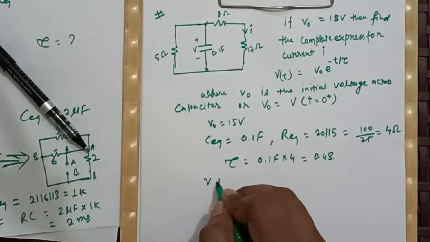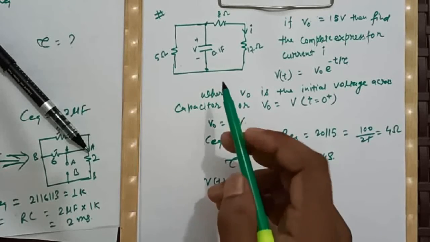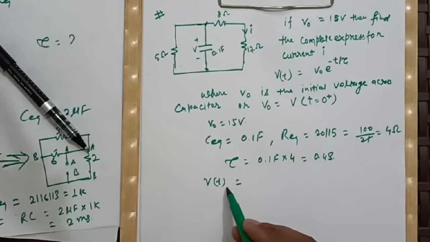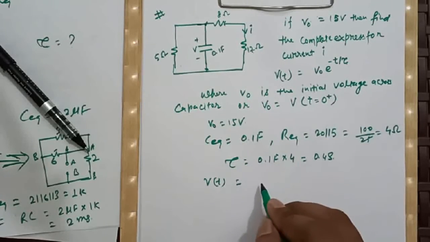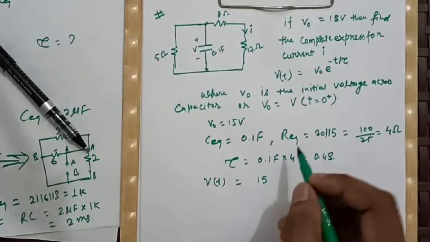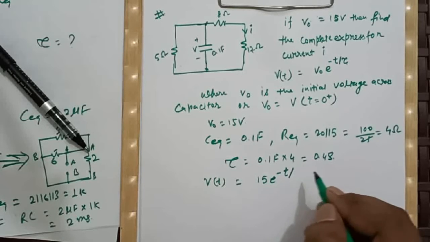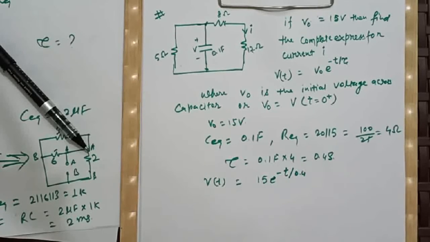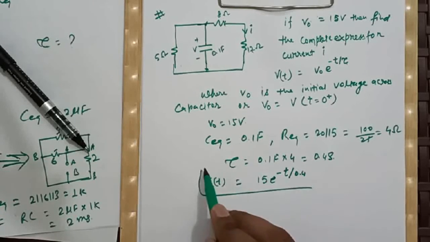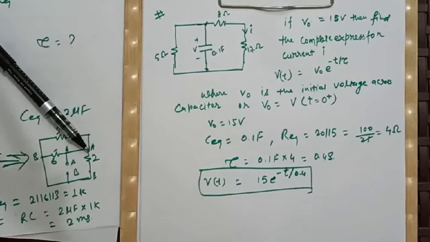Now V(t), the voltage across the capacitor as a function of time, will be V0, which is 15, e to the power minus t by 0.4. This is the time function of voltage across the capacitor.